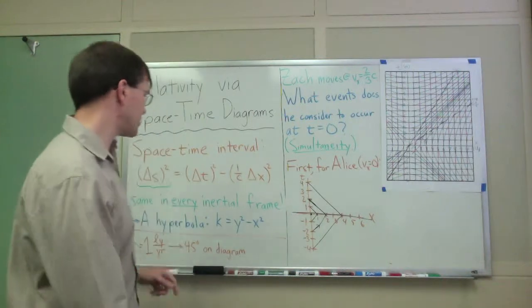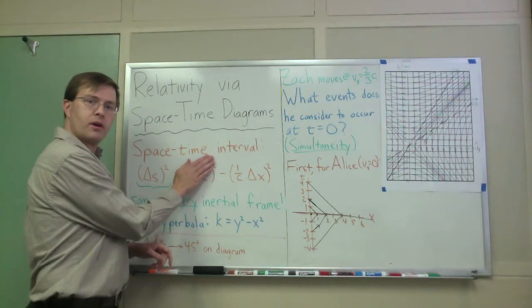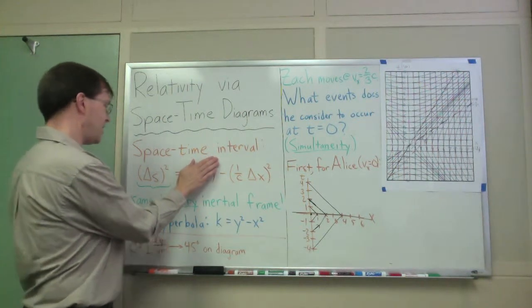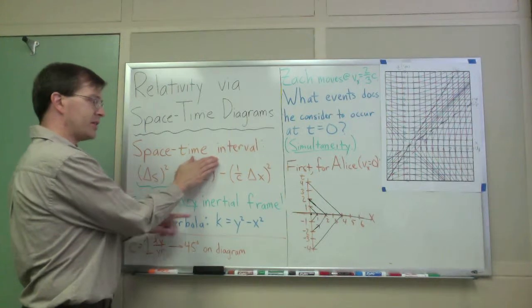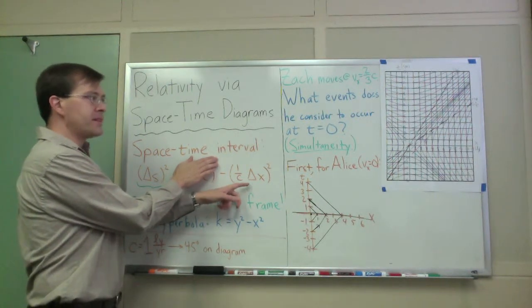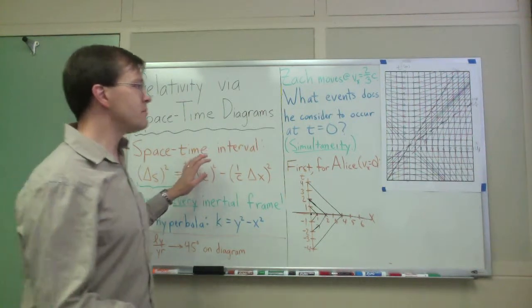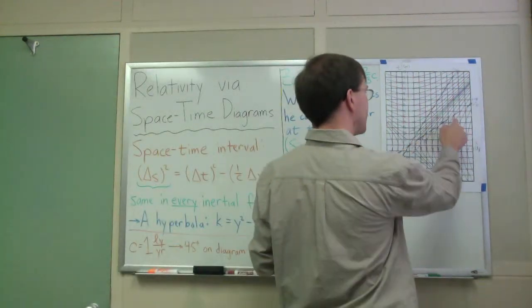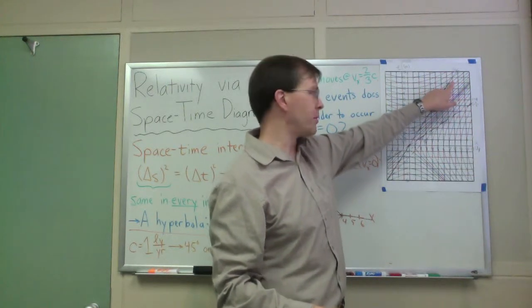Because that's the time equals 0 time slice, delta t squared is 0. And what you're going to find then, if all observers agree on delta s squared, and delta t squared is 0, the distance along that time equals 0 time slice is measured by how many hyperbolas you cross, in the same way that the time along Zach's path is measured by how many hyperbolas he crossed.